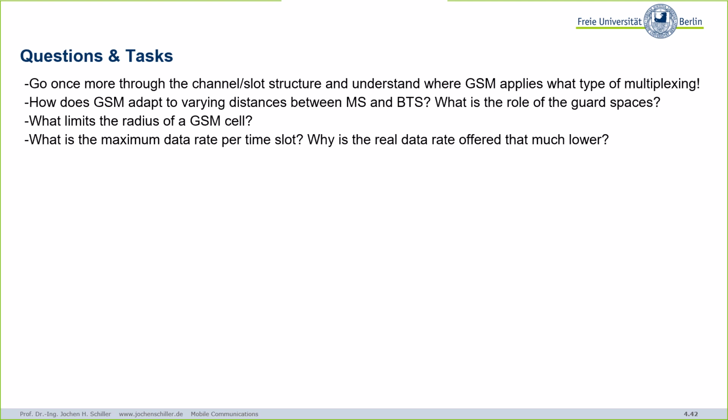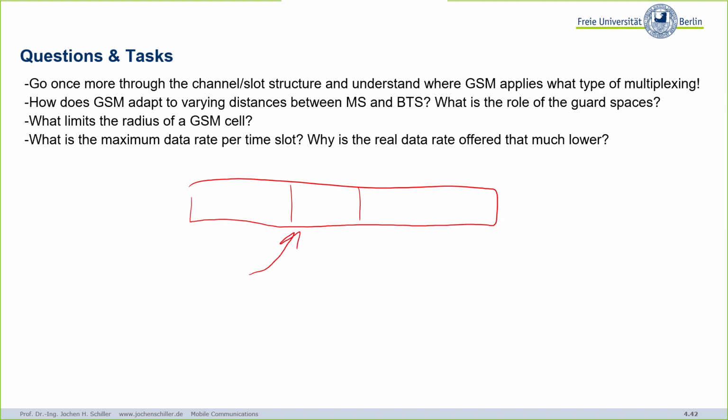No one idea what limits the radius? Well, think of the signal. So we have our slots, time advance, exactly. And the signal should reach, for example, the antenna, the base transceiver station, somewhere inside this slot.